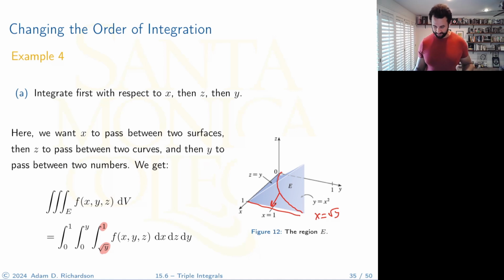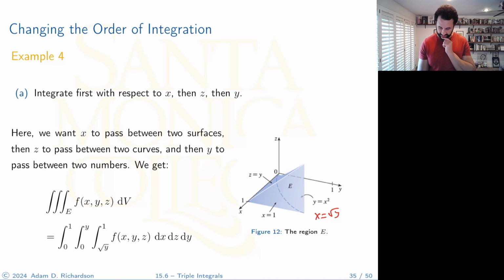All right, now what happens? So let me back this up. Okay, so now what happens is we need to integrate with respect to z. So what does z go between? Well, let's see. Z is going to go between down here and up here, right?